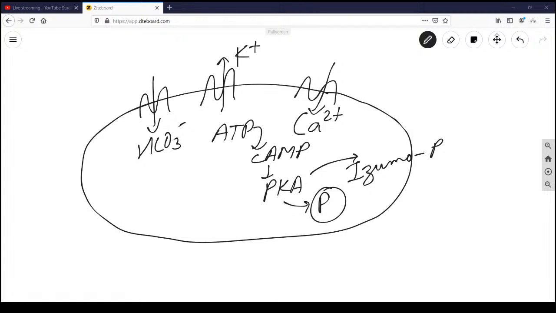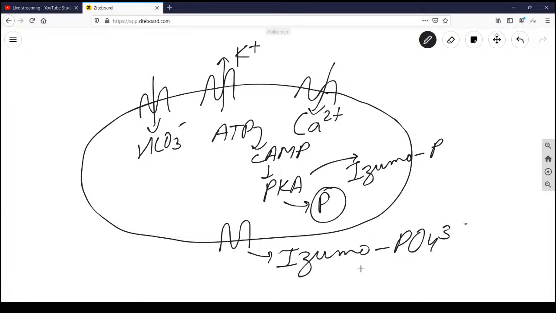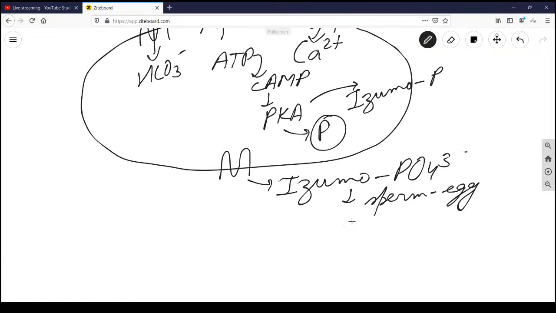Otherwise it is not in the sperm head; it is somewhere in the cytosol before phosphorylation. Suppose this is a sperm head; here will be your Izumo protein after it has been phosphorylated, and now this will play a great role in sperm-egg fusion and the conduction of the acrosomal reaction. That is a great prospect of capacitation.